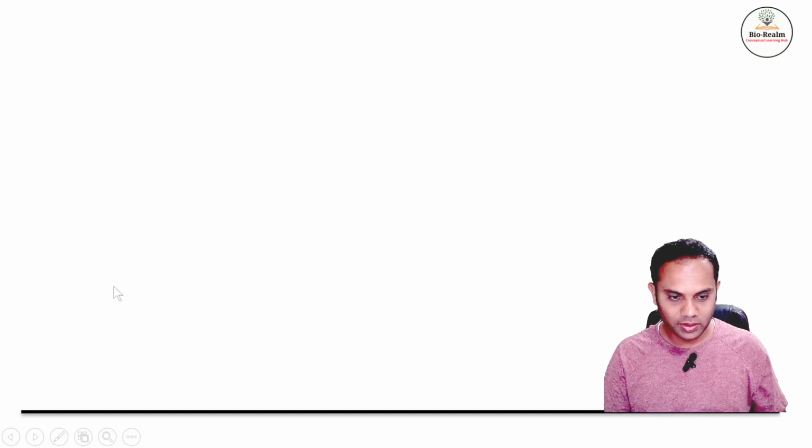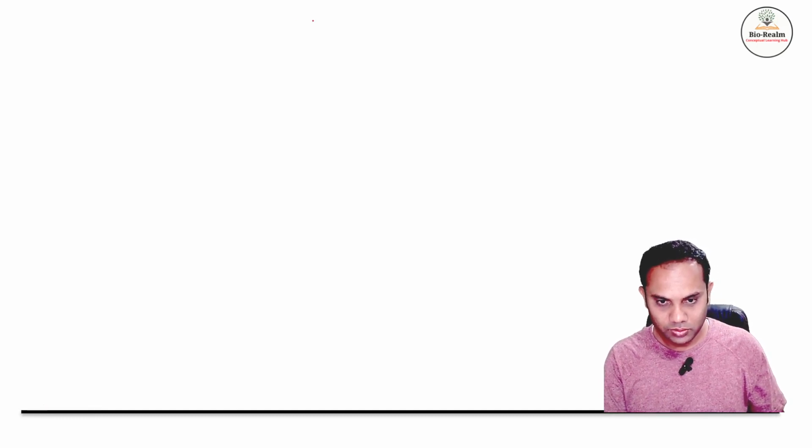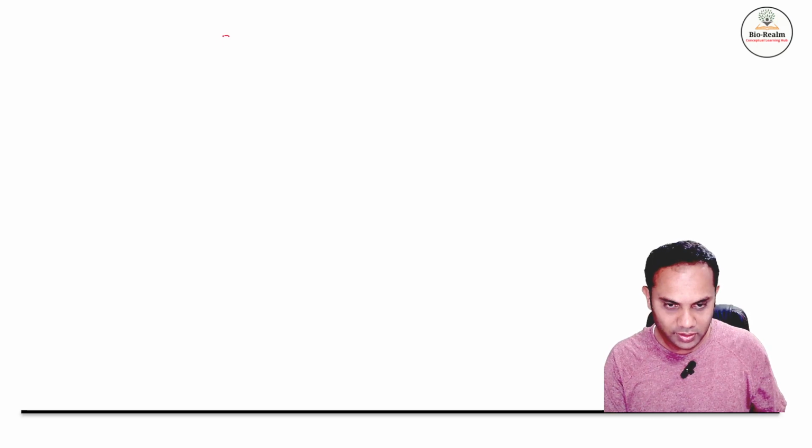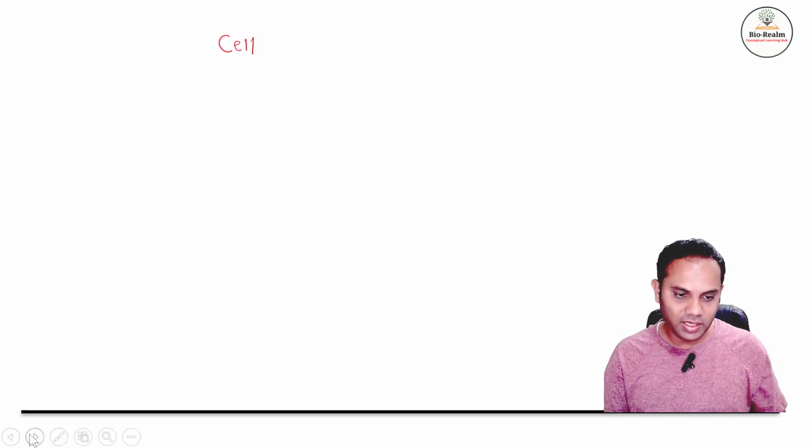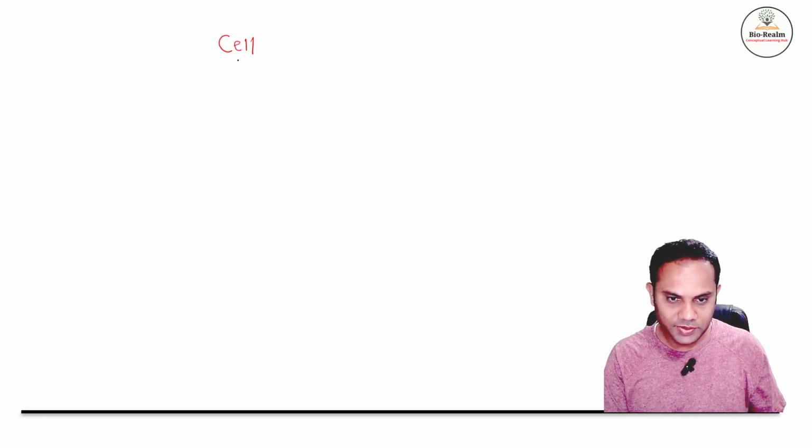Let me take another color. So let's start here, cell. This cell may be of two different types.